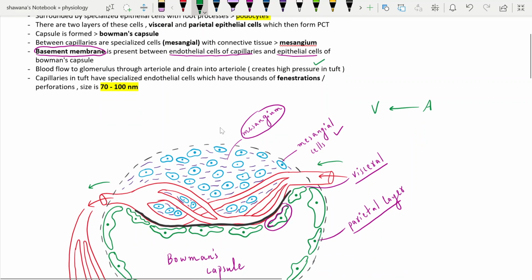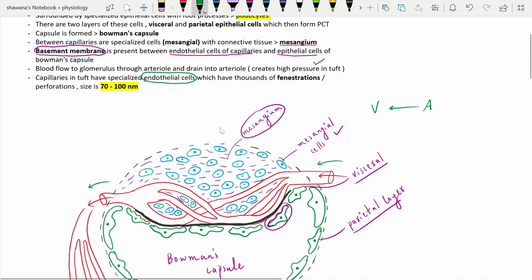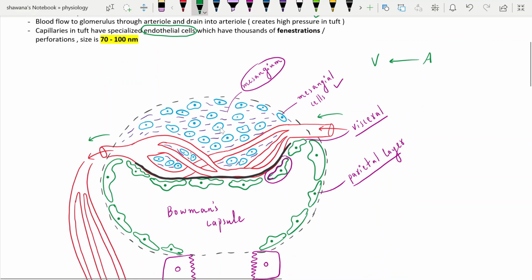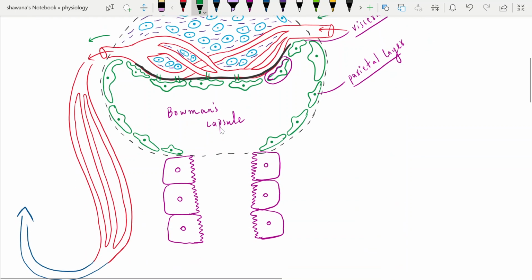The main thing here is the fenestrations, or perforations: the endothelial cells of the glomerular capillaries have thousands of fenestrations, approximately 70 to 100 nanometers in size, and everything smaller than or equal to 70 to 100 nanometers can easily be filtered through the fenestrations present in the endothelial cells of the glomerular capillaries.